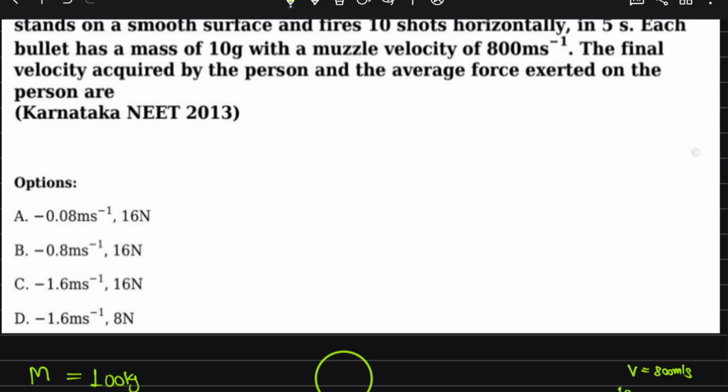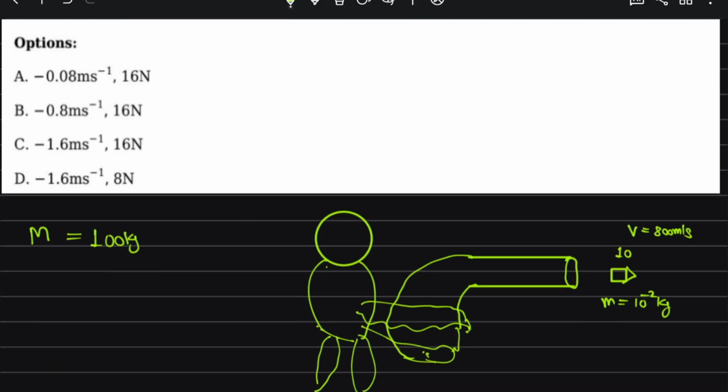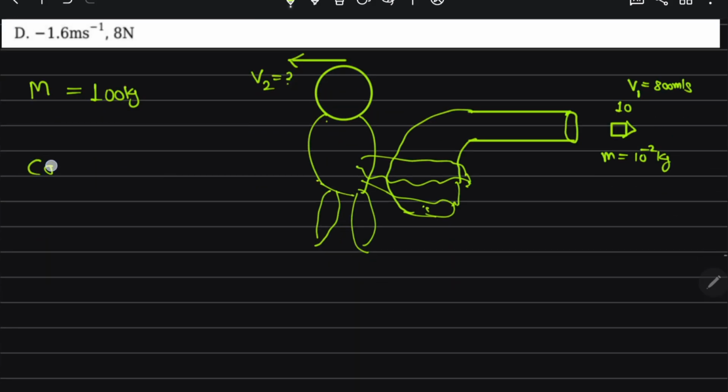The final velocity acquired by the person. They are asking what is the velocity acquired by this person. This I say v2, this I say v1. So just apply conservation of momentum, there is no external force acting on the system.